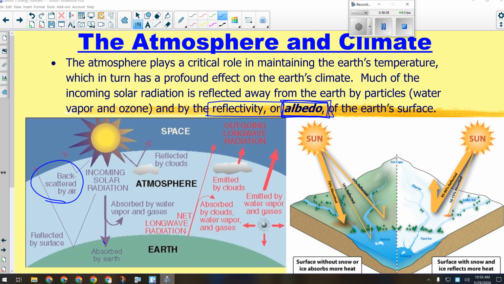The sun is up for longer periods of time. It's more directly overhead. 70% of the incoming solar radiation is getting absorbed. Only about 10% is getting reflected, and that would be from light-colored surfaces. And 20% would be reflected off of plants and stuff like that. So 70% coming in, getting absorbed, versus 85 to 90% getting reflected in the wintertime.